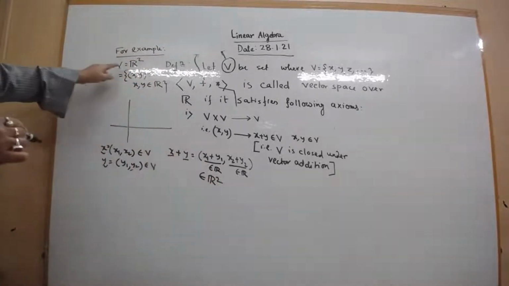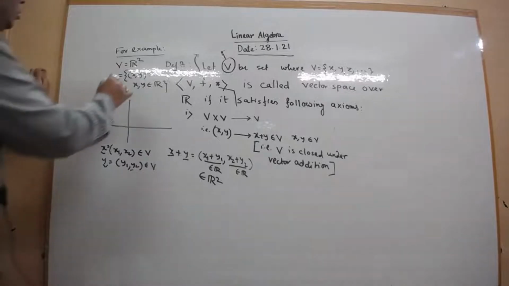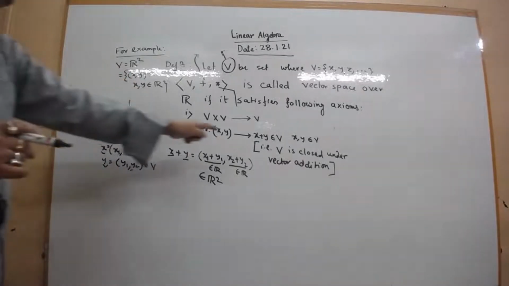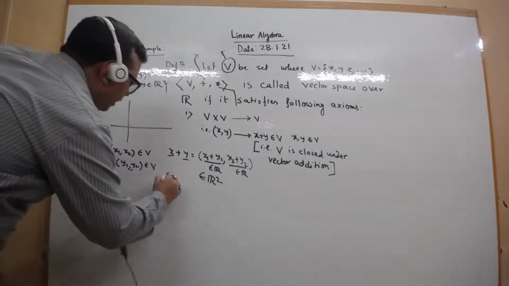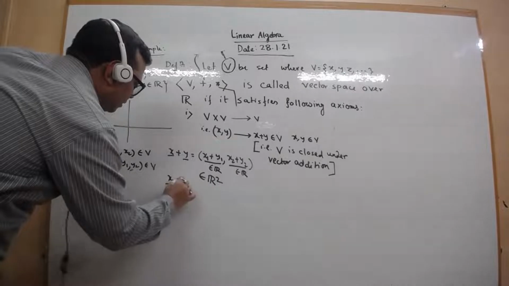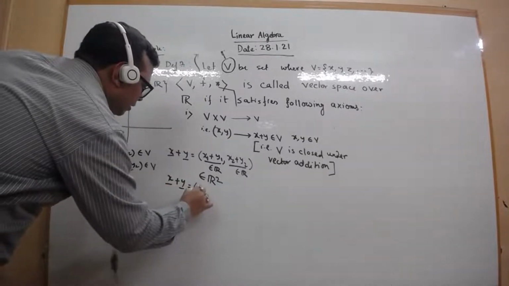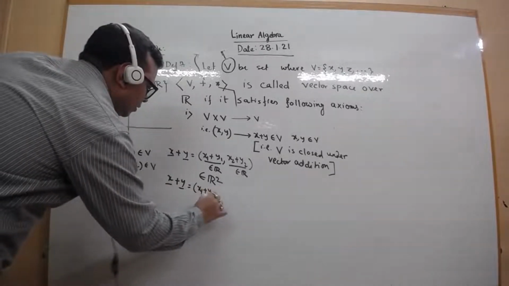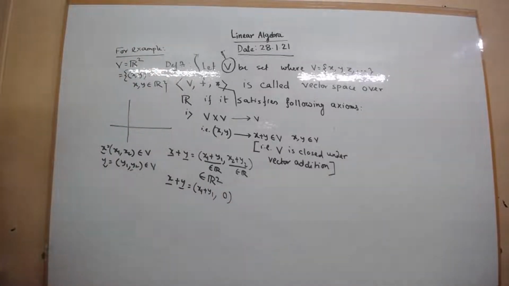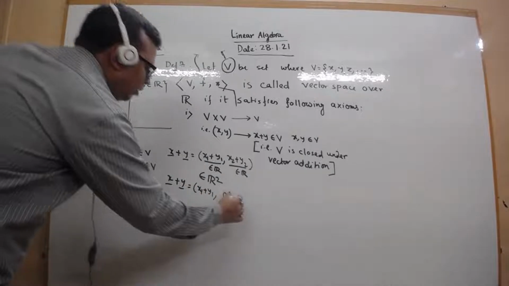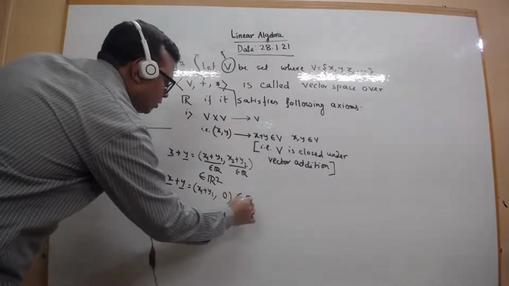So this V is closed under vector addition. And if you define another way, say the second element is 0, then again you see that it also belongs to R square.